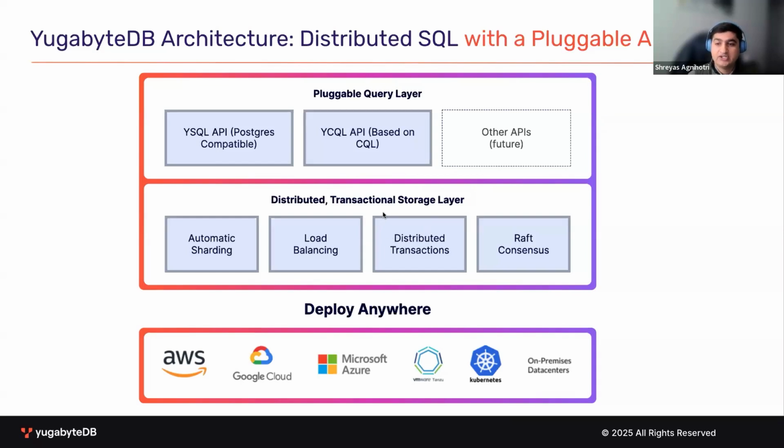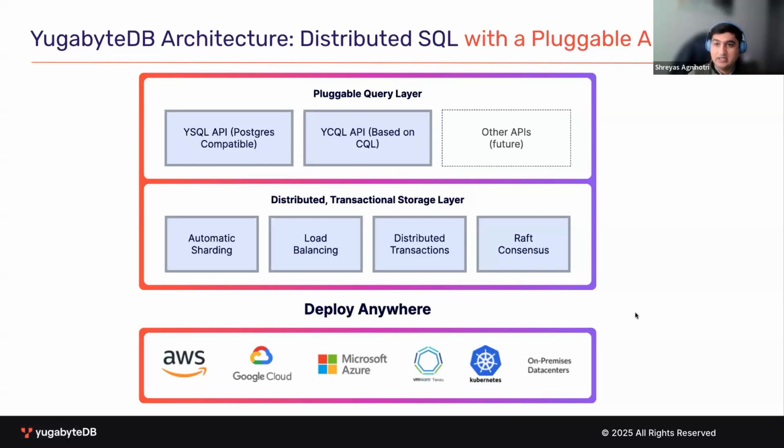It also makes sure that data is properly load balanced across different nodes to avoid single points of bottleneck. And the fact that it's not tied to any particular infrastructure provider makes it available on the common public cloud providers like AWS, GCP, Azure. You can even deploy it on-prem, on VMware Tanzu, Kubernetes, bare VMs, or even bare metal. So it provides you more flexibility.